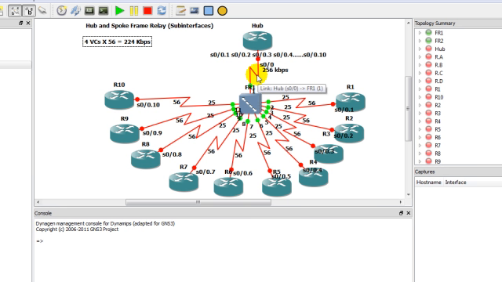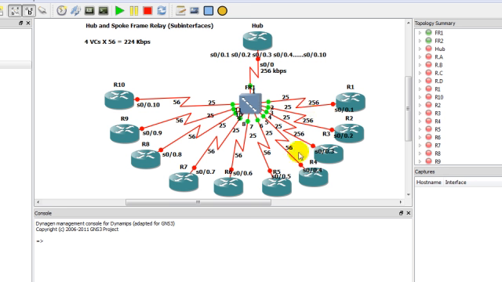The final thing about multipoint is a very important note. You have to put the slowest virtual circuits aside. Let's suppose we have 56, 56, then 256, and the final one 56 kilobits per second.